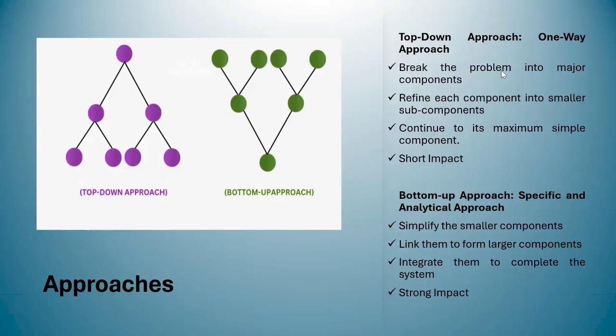So in one way we say top-down approach is a one-way approach and bottom-up approach is a two-way approach, and we call it specific and analytical approach. So these are the approaches. So better we should go for this one, bottom-up approach.